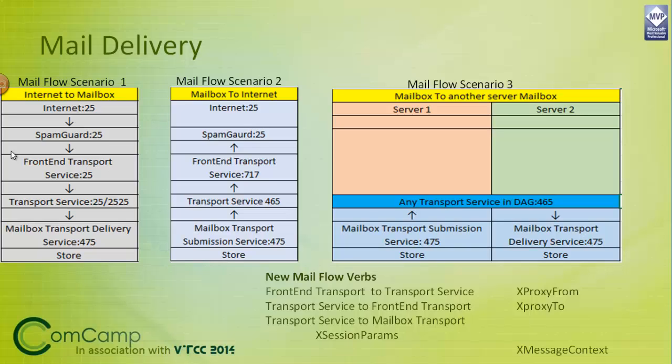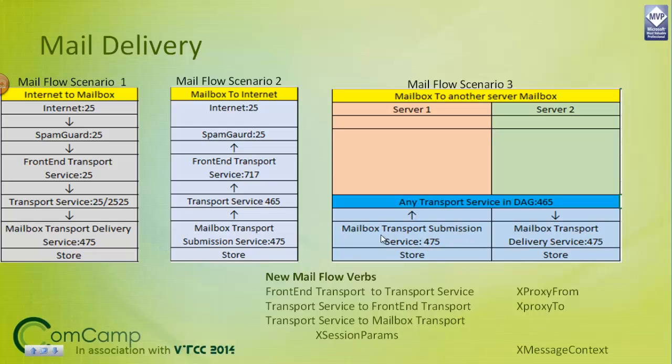Alright, let's take the mailbox mail flow scenario 3, where one organizational user is sending an email to another organizational user. So from the store, from the mailbox database, the mail goes to the mailbox transport submission service.